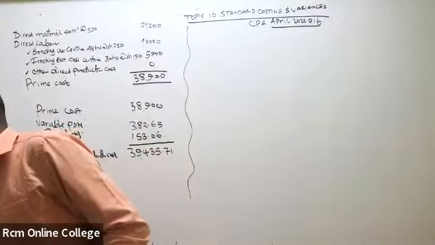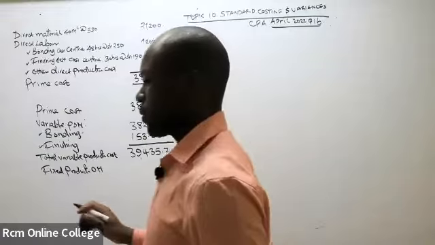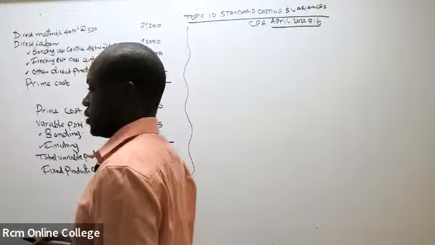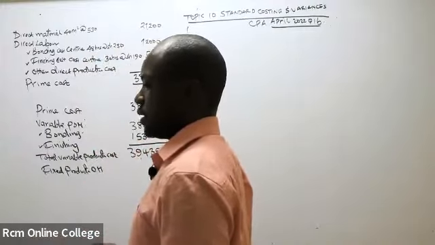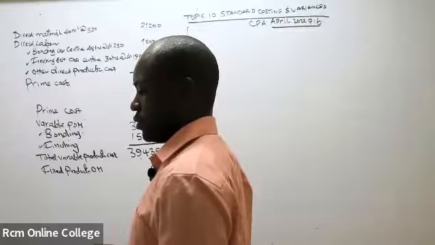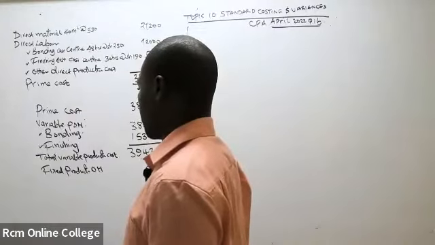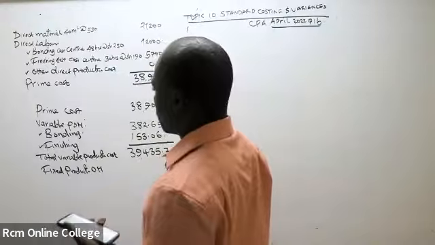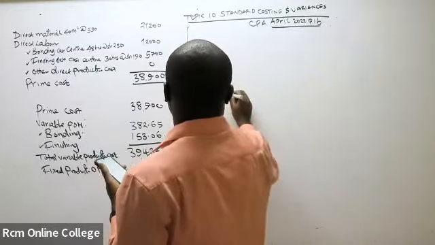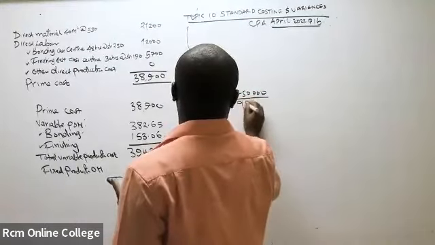Good. What are we getting? I think tumekosea. Which part? Jeff, which part? Kwa variable cost, under bonding cost center, we have 3750 divided by 9,800.